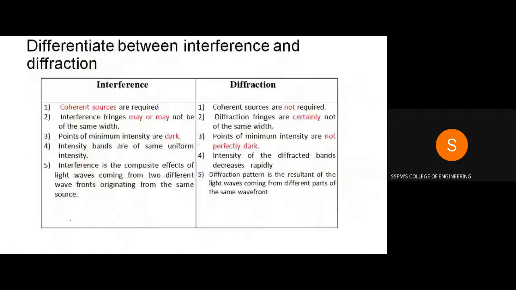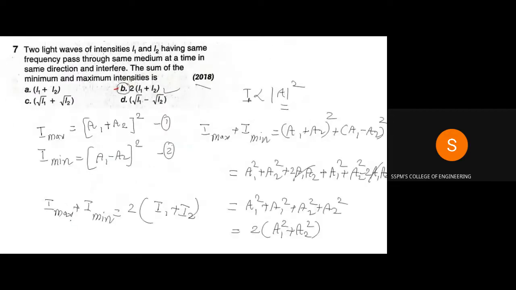Fine. If I1 equals I2 equals I0, because having same frequency. Okay. So for two identical waves, I1 equals I2 equals I0, or directly you can write it as I. So resultant intensity equals 4 times I cos square phi by 2.